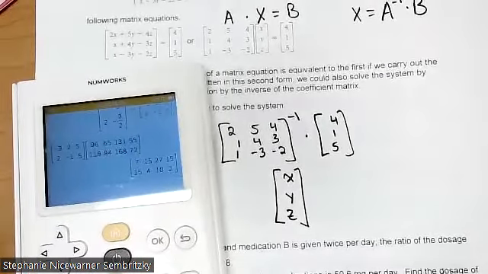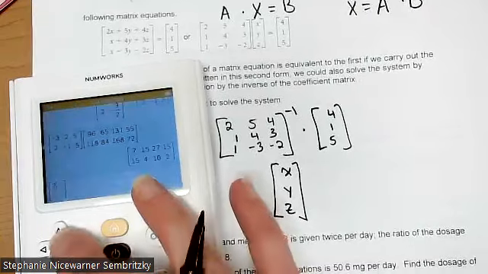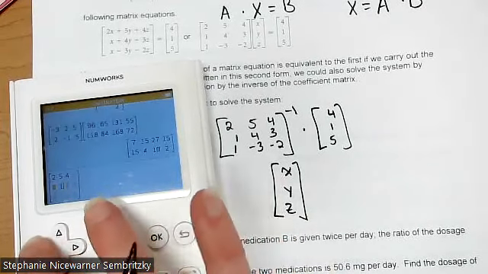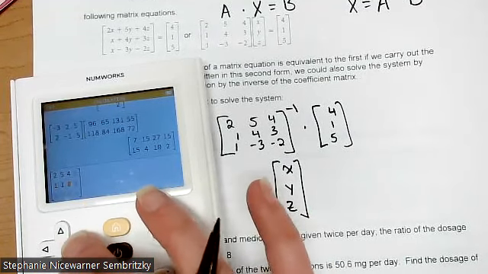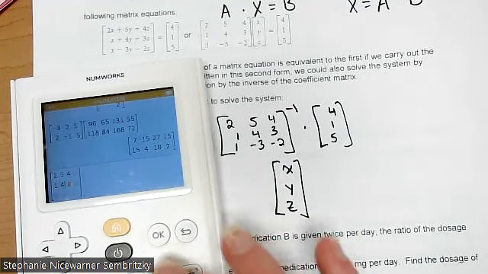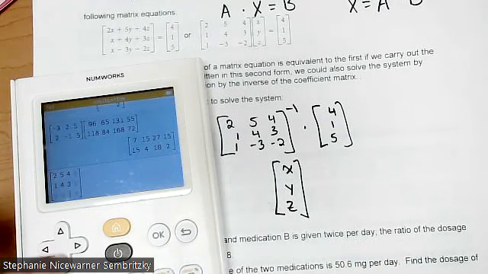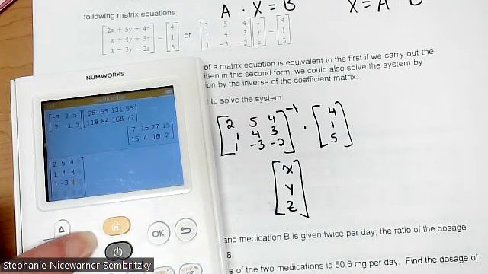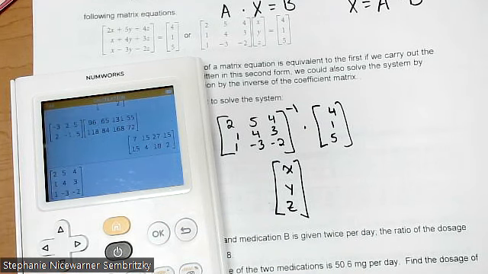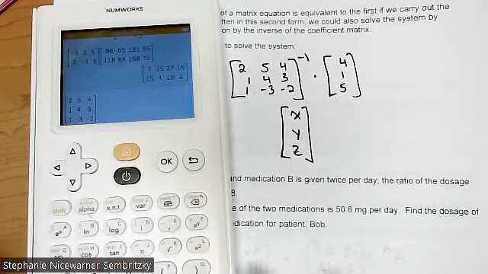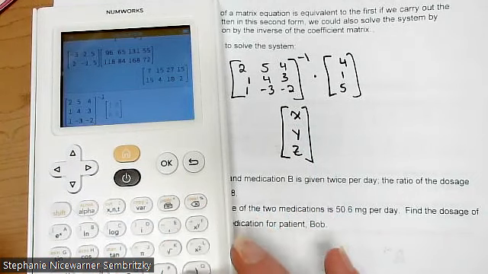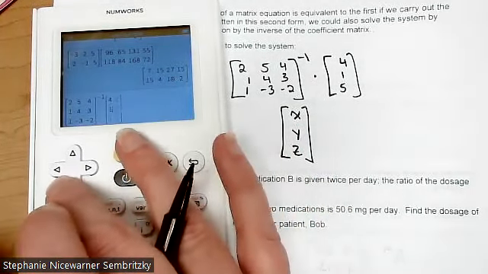So I'm going to enter the matrix 2, 5, 4, 1, 4, 3, 1, -3, -2, but I'm doing the inverse of that, so exponent -1, then the matrix 4, 1, 5.